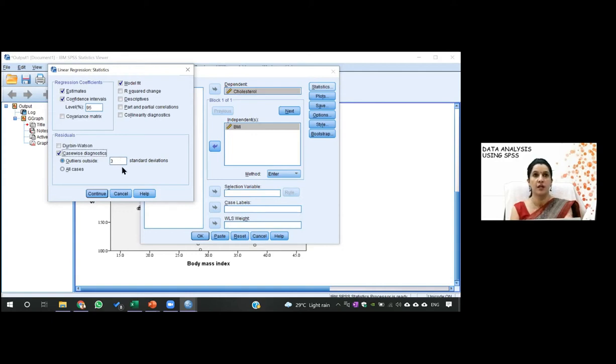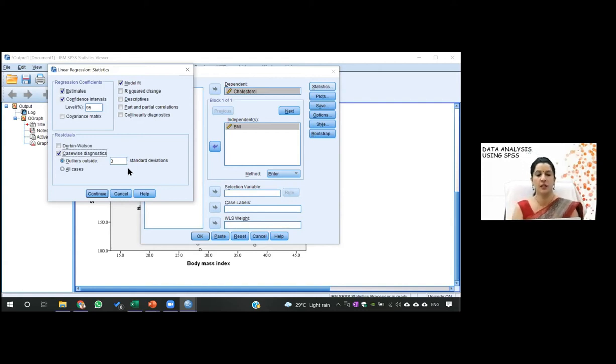By default, the SPSS takes more than 3 standard deviation as outlier. But if you wish for your model, you can reduce this cutoff. You can put this 2, or you can keep this 2.5 also. But we keep this up till 3, because up till 3 it is okay.